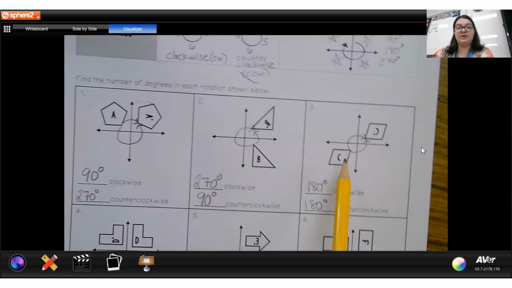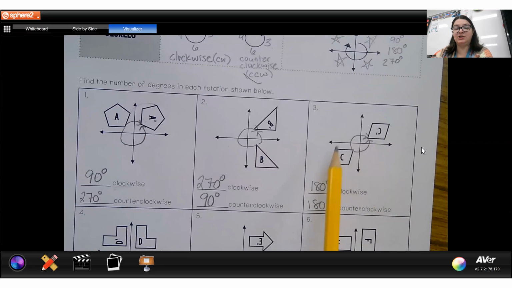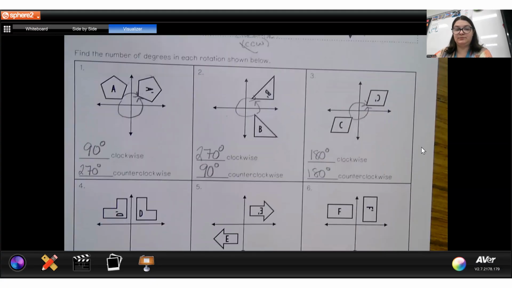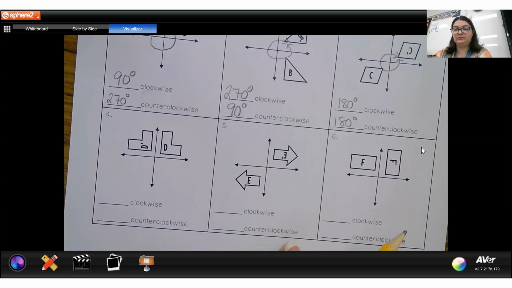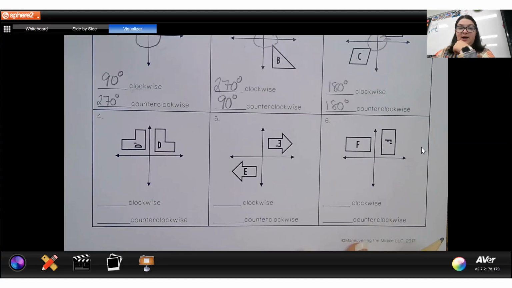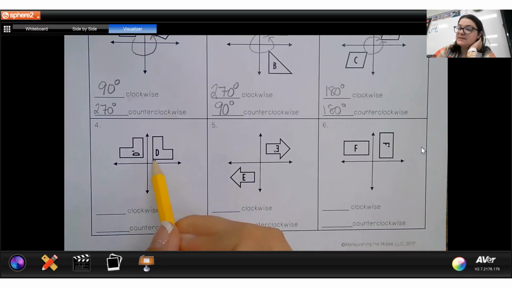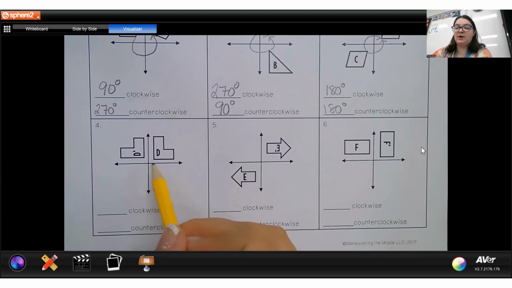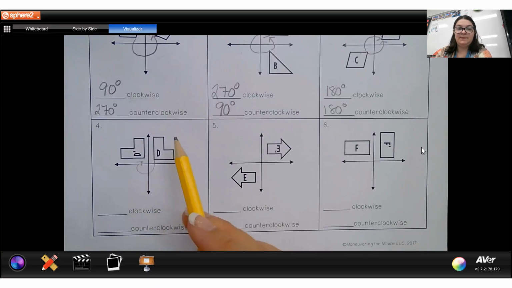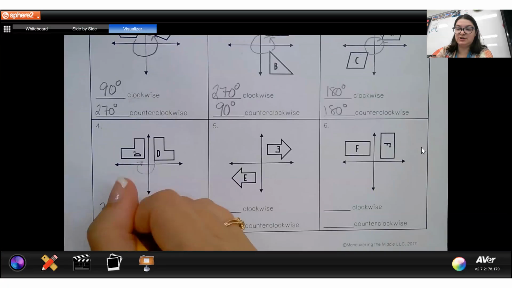So if a shape has been rotated 180 degrees, it does not matter whether it went clockwise or counterclockwise, it's still going to be 180 degrees. D and D prime. From D to D prime, if I'm going clockwise, looking around this way, it is going the long way around, so that's 270 degrees.